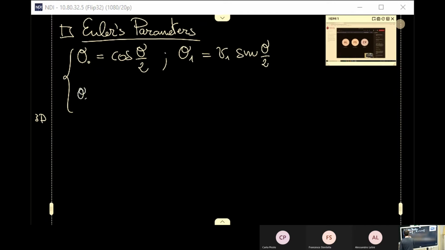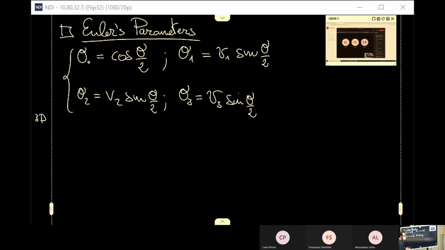Then we have theta 2, which is V2 times the sine of theta divided by 2. And then we have theta 3, which is V3 times the sine of theta divided by 2. So first consideration, they are 4.